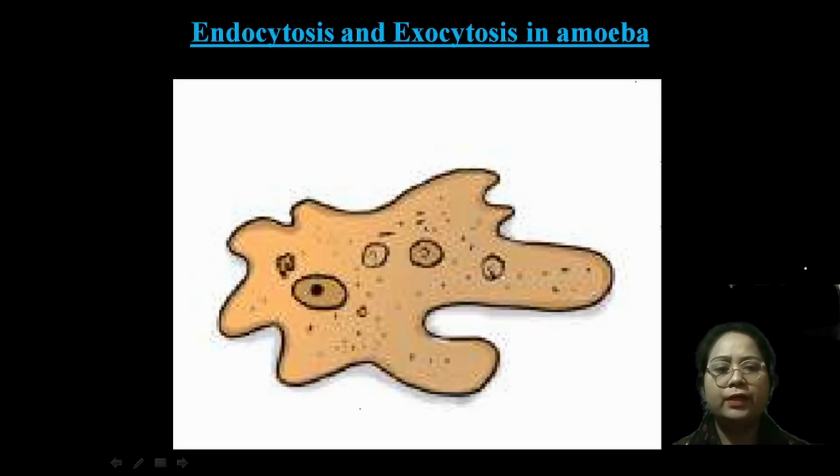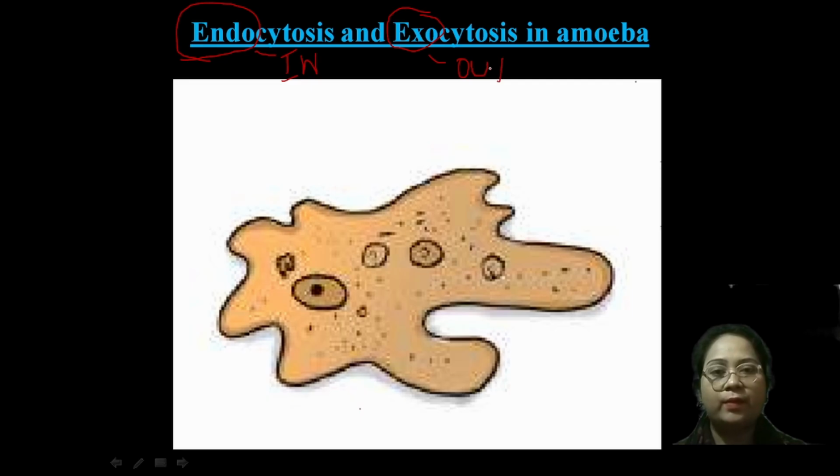So again we come to some different terms like endocytosis and exocytosis. So what do we mean by endocytosis and exocytosis? So endo, when we tell endo, that means inside, as I already told, endo means inside, so I am writing here as in. Exo means outside. Okay, out.